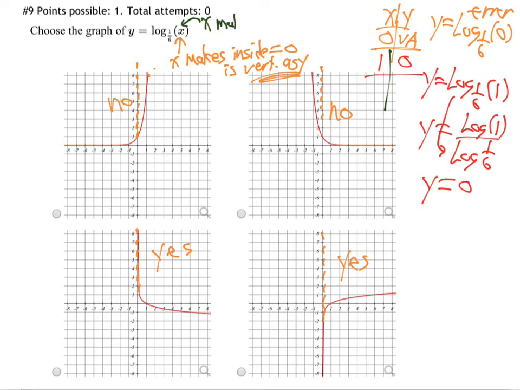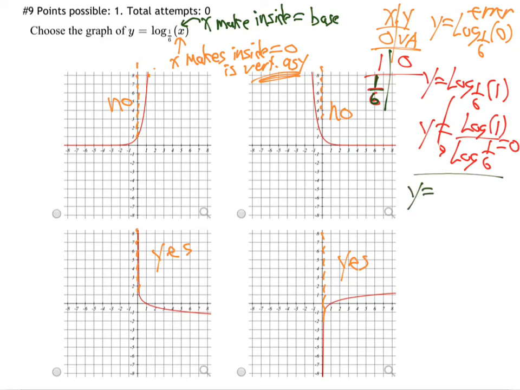X to make the inside equal the base. So we get rid of this right here. What can we pick to make the inside match the base? Well, 1/6, huh? We got to pick 1/6 to make the inside match the base.